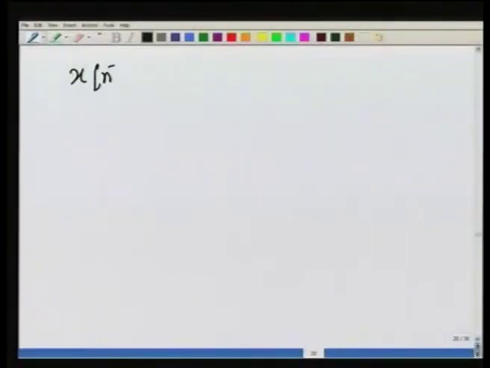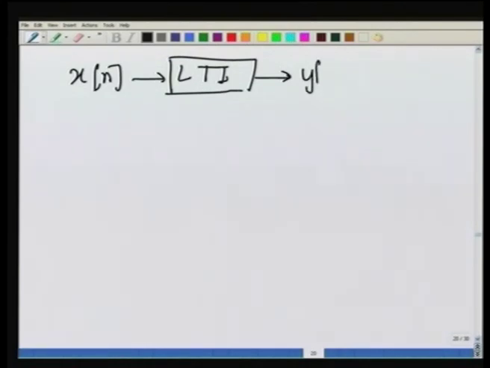Now, in order to understand convolution, let us first begin with a discrete setting. We will not consider continuous time signals, we will consider discrete time signals x n being applied to an LTI system to get y n.